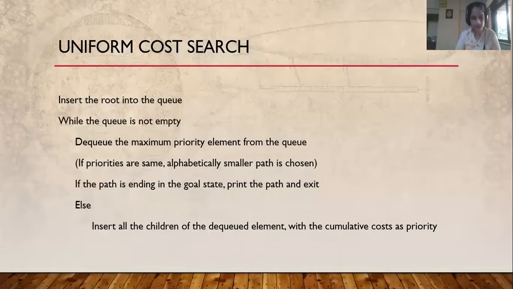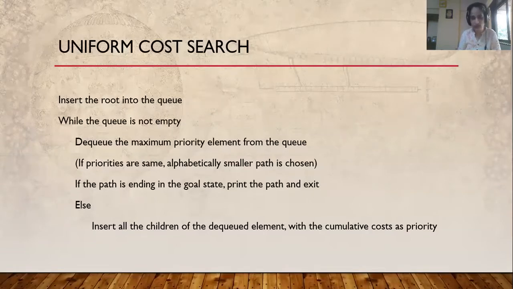That's how the whole concept of uniform cost search works, and it will start picking up all those elements whose cumulative cost is less, or ultimately whose priority is more. It has to do this process until the goal state is found, and once the goal state is found, it will print the path, and we can easily calculate the path cost. So this is about uniform cost search.